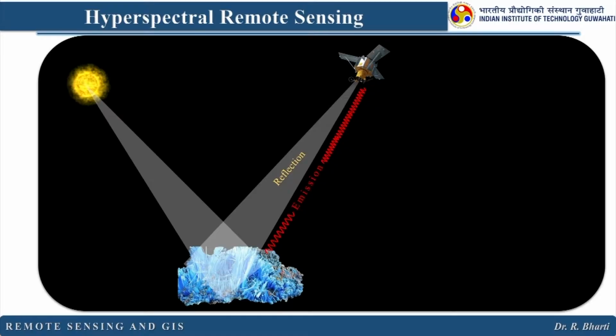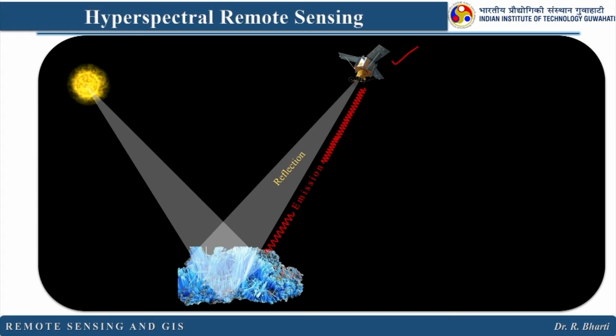So, let us go through briefly what exactly we mean by hyperspectral remote sensing data and how we acquire these images from space or from a lab based instrument. Assuming the case of a space-bound sensor, where our sensor is located here and our source is the sun, what is happening?